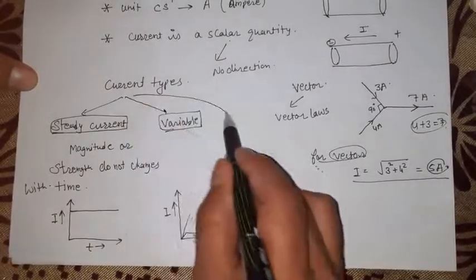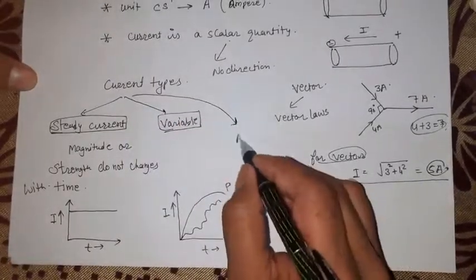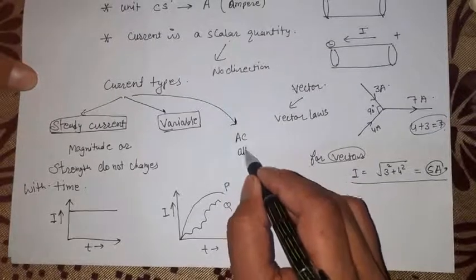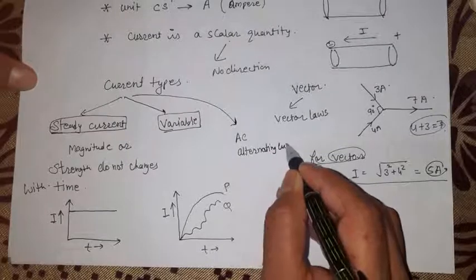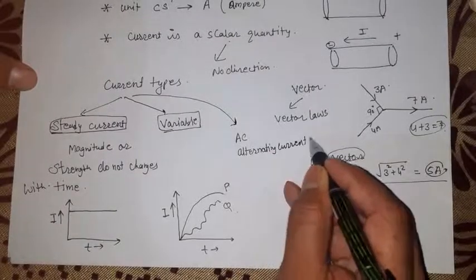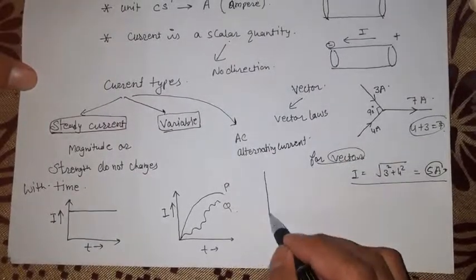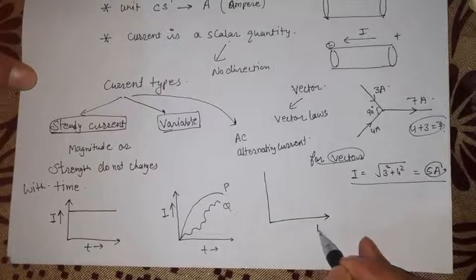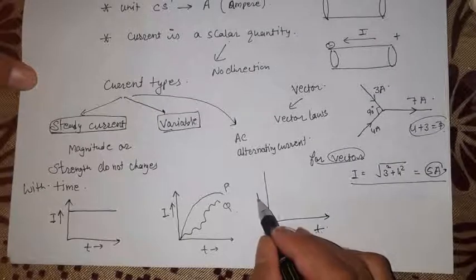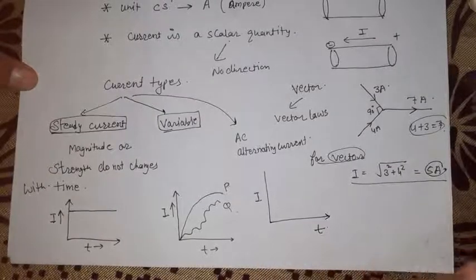Now the third we have is AC, meaning alternating current. Students, we have to remember that alternating current is the current that varies sinusoidally, just like a sine function.